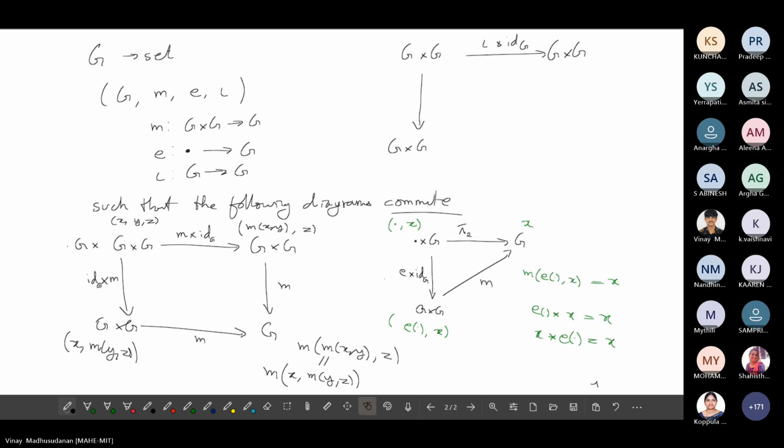Similarly, IDG cross I, right? Okay, and then obviously, what is that going to be? M. Now this should commute. What does that mean? No, not just this much. Okay, I'll add one more. Right.